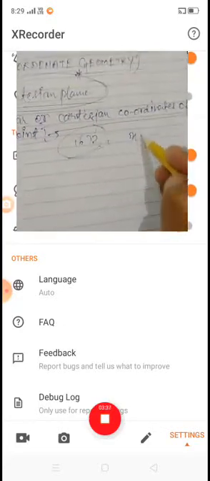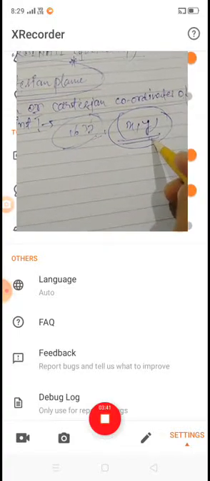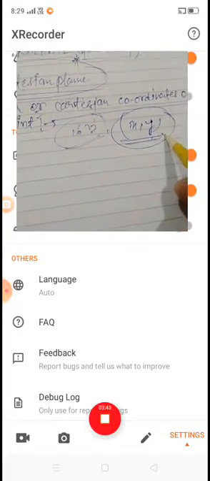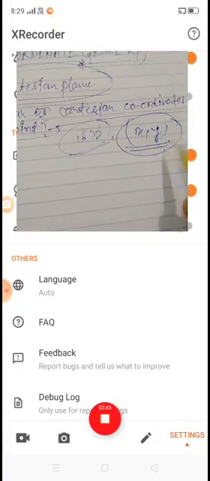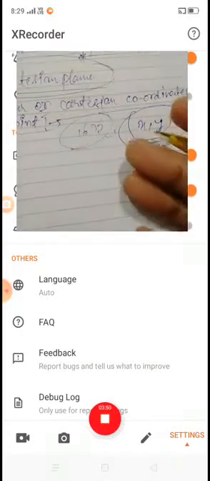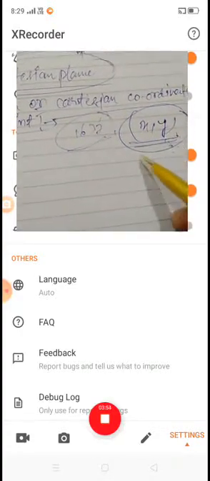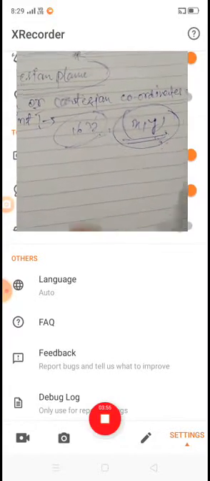Ordered pair means in this way. This is known as an ordered pair of real numbers, called Cartesian coordinates, named after René Descartes.